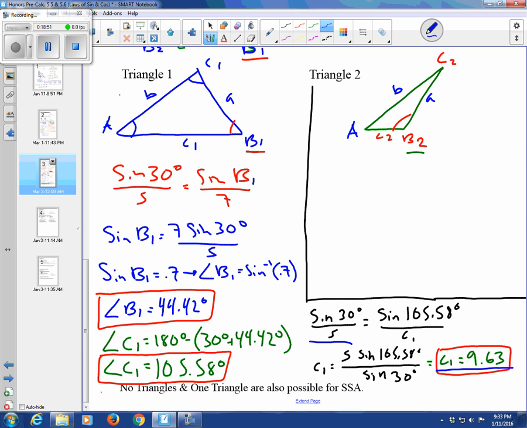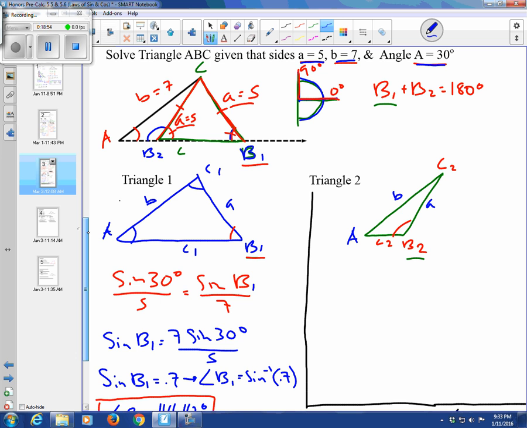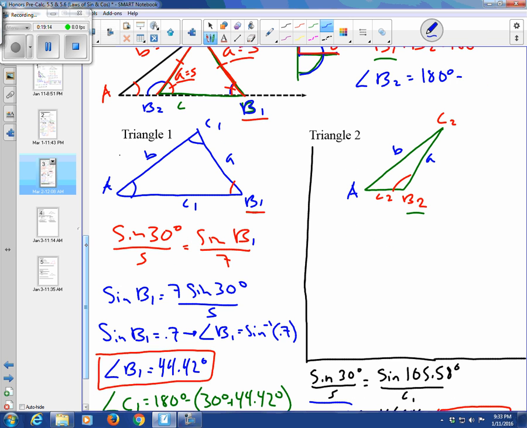Okay, so right here, we've solved our first triangle, right? That's the first possible triangle we would get from these dimensions with side-side-angle. Now, moving up to our second triangle, we can solve for our angle B2 by taking 180 degrees and subtracting away our B1, which we know is 44.42 degrees.